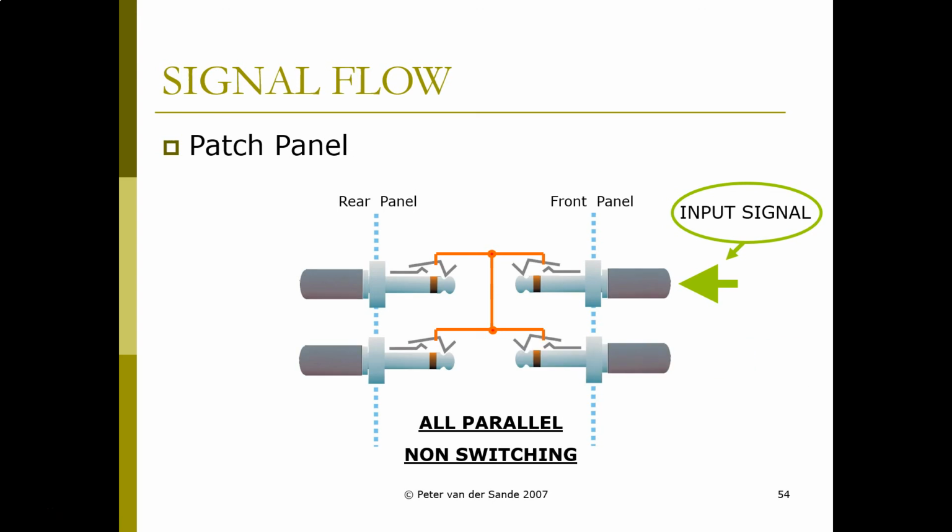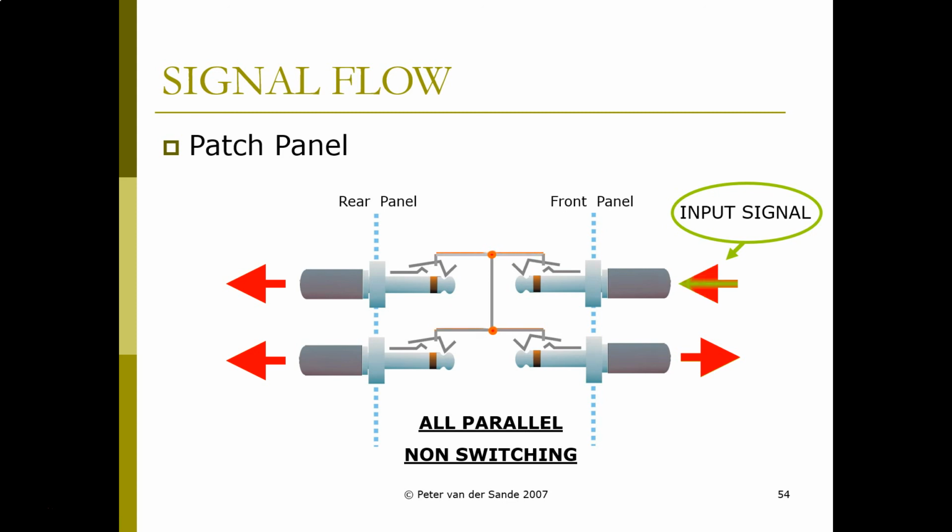But all 4 of those connectors are connected together at any given time. So an input signal coming in on the left-hand side is actually going to all 3 of the other jacks in the panel. That is basically called a splitter. So you have 1 input signal and 3 output signals.